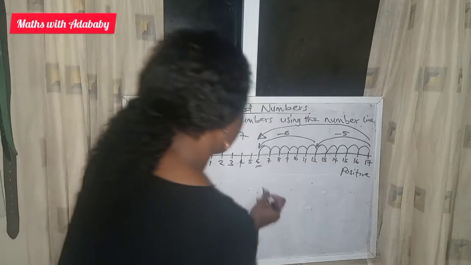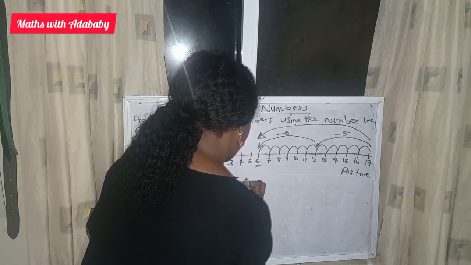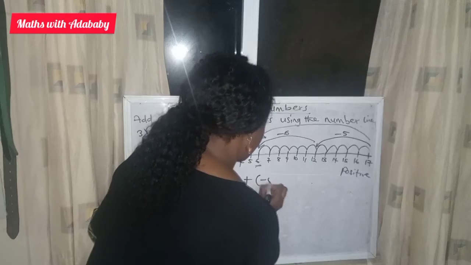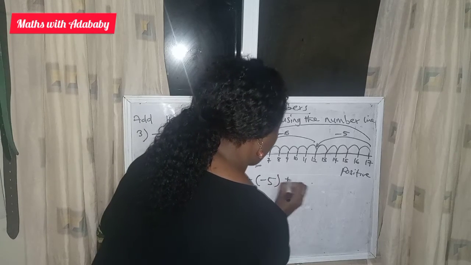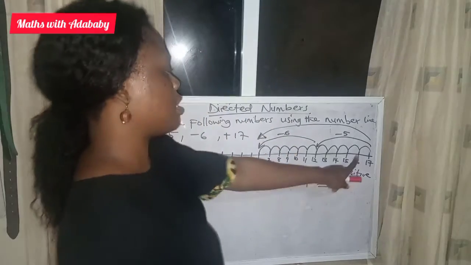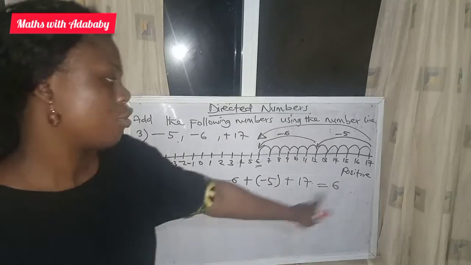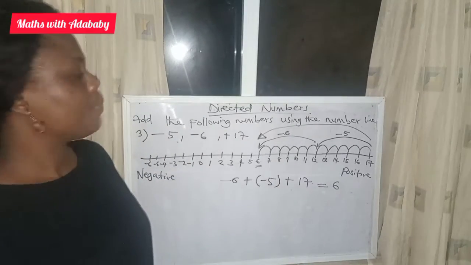So minus 6 plus minus 5 plus 17 is 6. So this is a number line representation of this calculation.